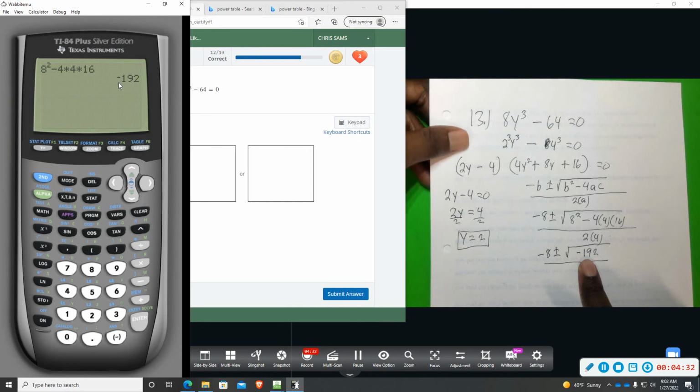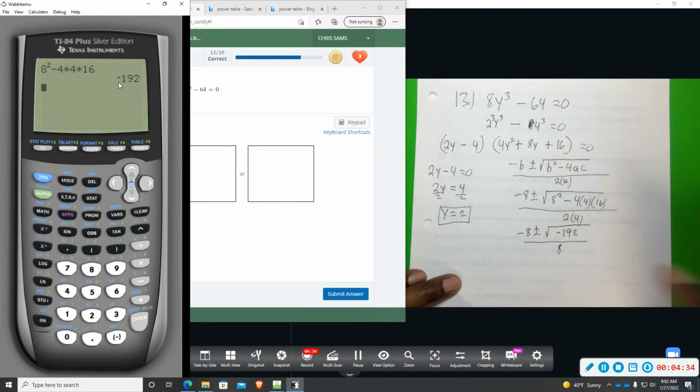Now I'm going to reduce the radical, so the 192. So it's going to be imaginary because it's a negative. And the calculator will not do this part, so you've got to be able to reduce the radical. It's even, so I can divide by 2, and 96. That's even, so I can divide by 2 again.